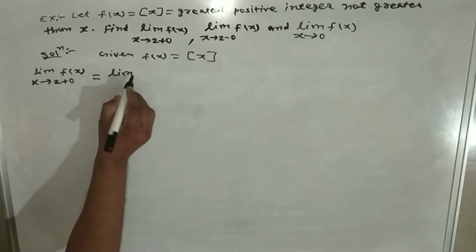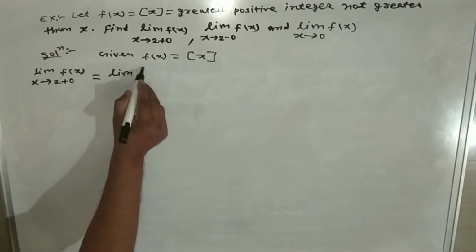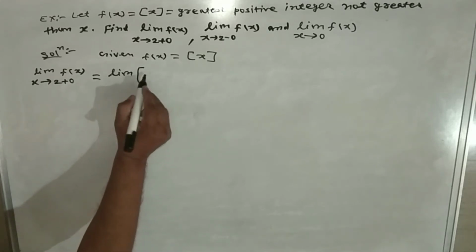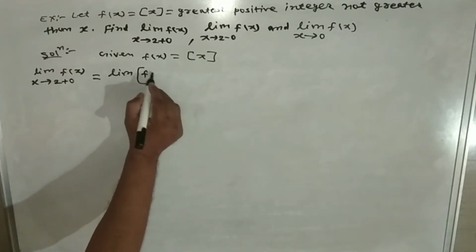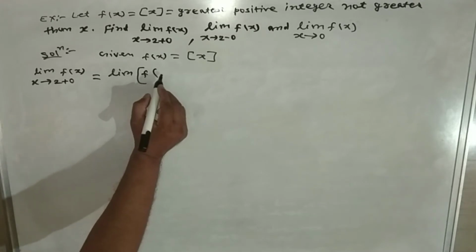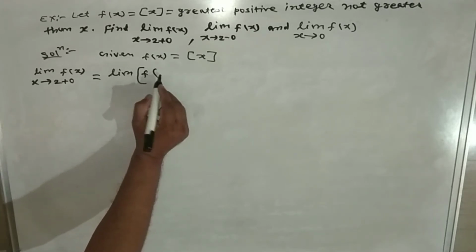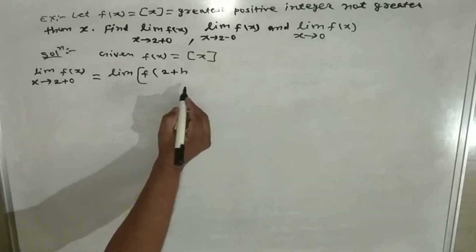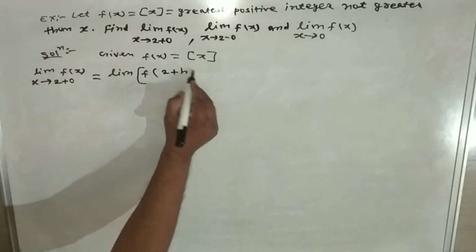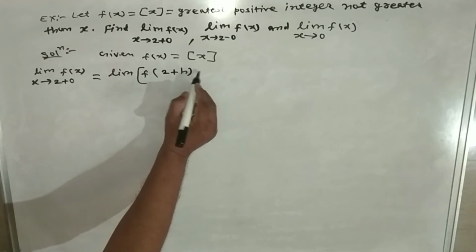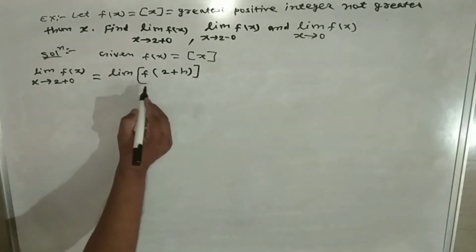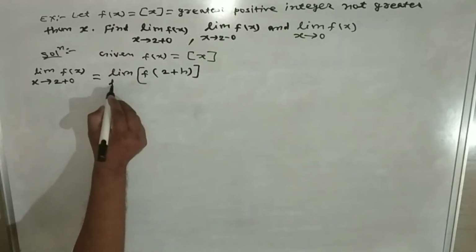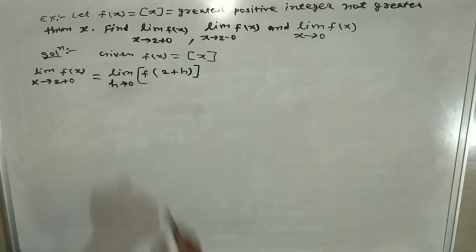to the limit of the function f of x, where x is 2 plus h, as h tends to 0. This can be written in this way.